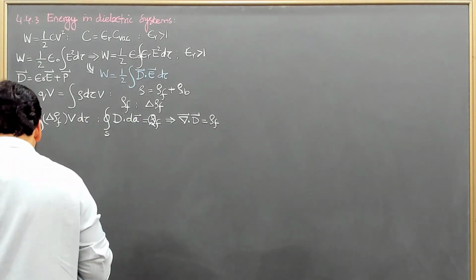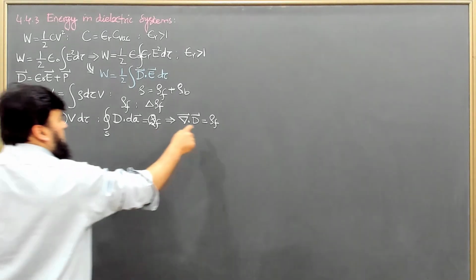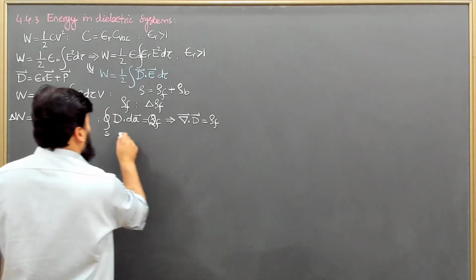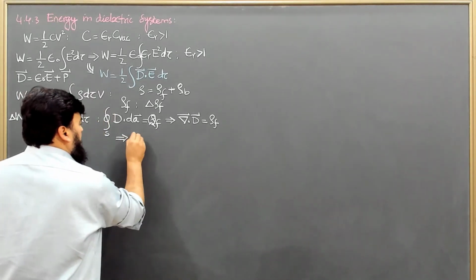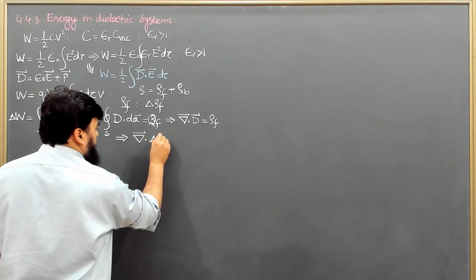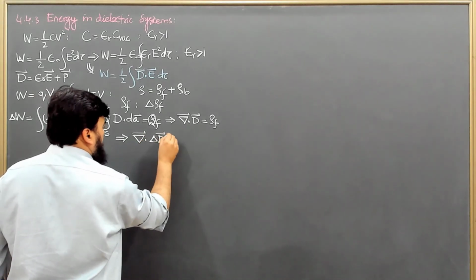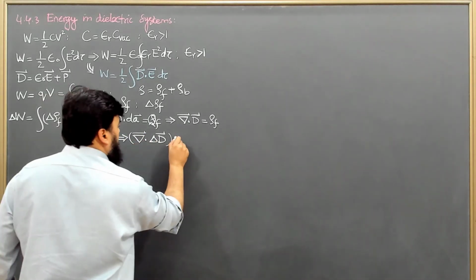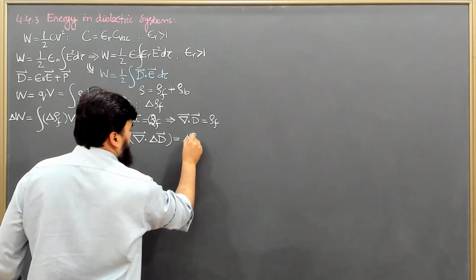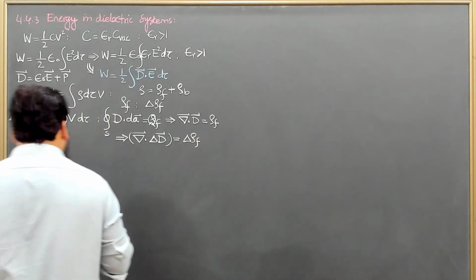So for a small change, this will imply that the divergence of a small change in D is equal to a small change in rho f.